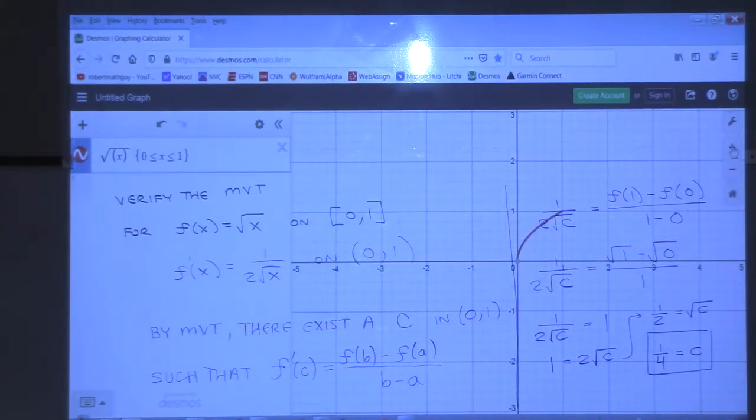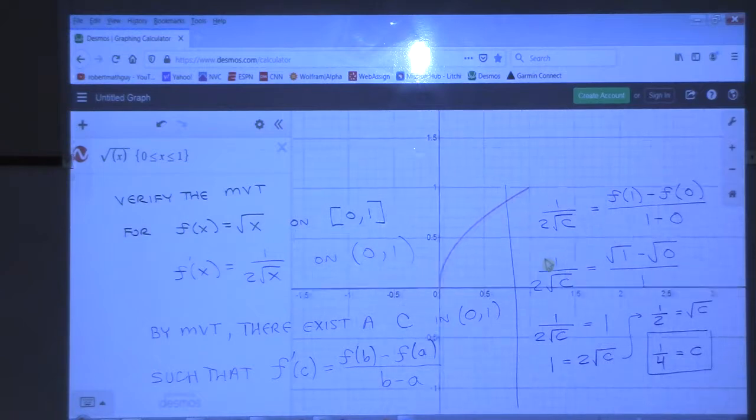If we look at that function right there, there it is.